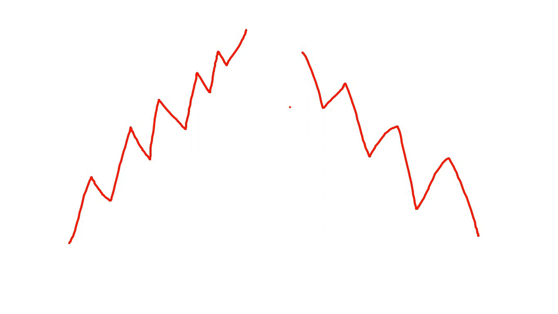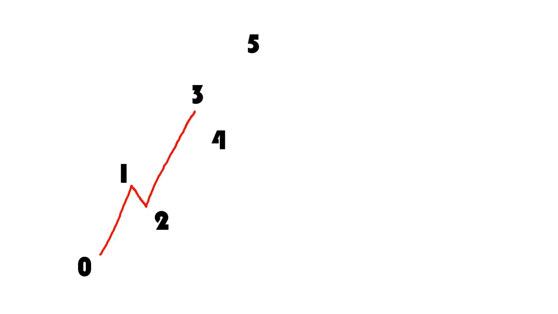Now, there are two types of waves that could be counted here. One is the impulse wave and one is the corrective wave. So what is an impulse wave? An impulse wave is a set of 5 waves: 0 to 1, 2, 3, 4, 5.